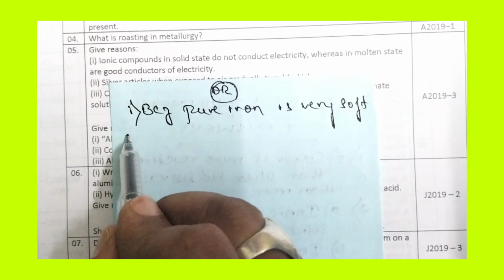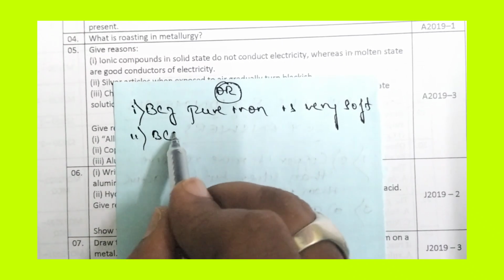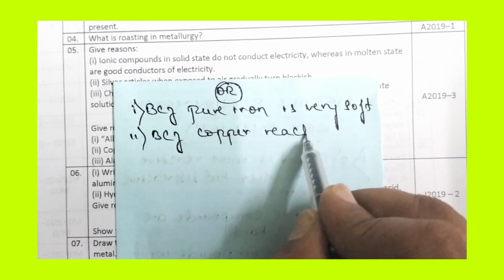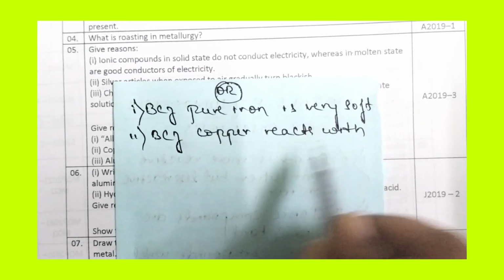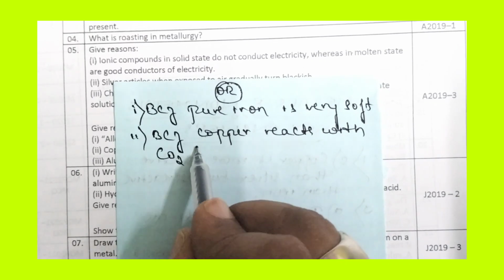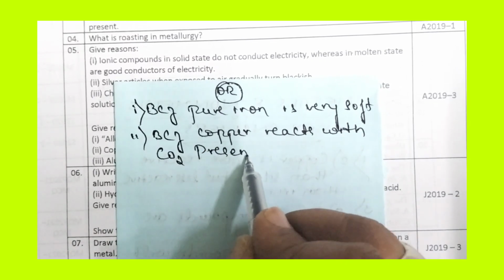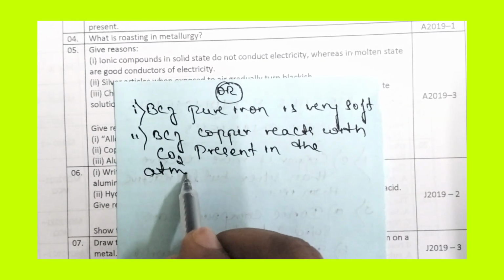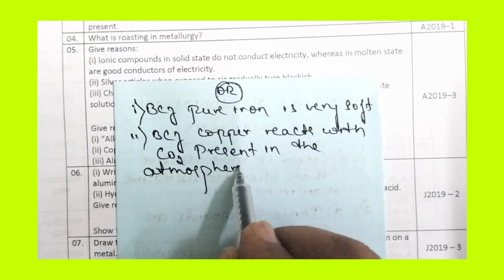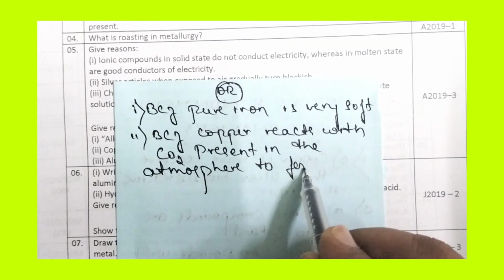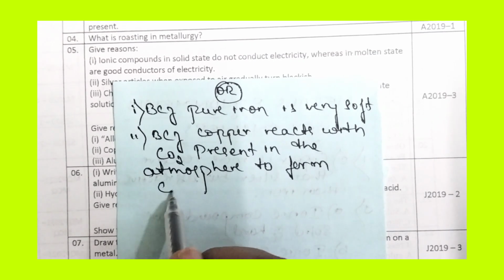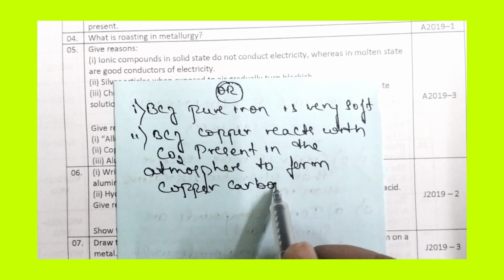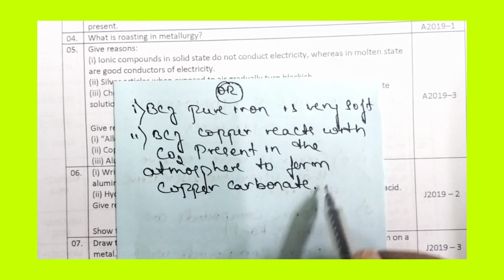So the second give reason is because copper reacts with carbon dioxide present in the atmosphere to form copper carbonate, and hence it loses its shining property.